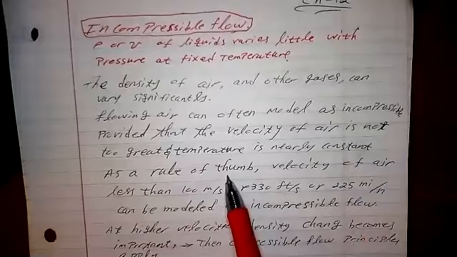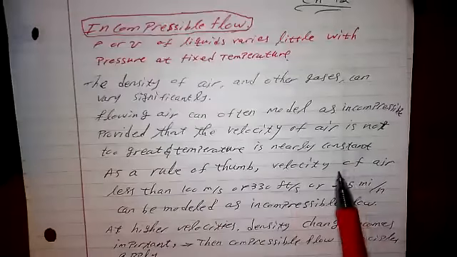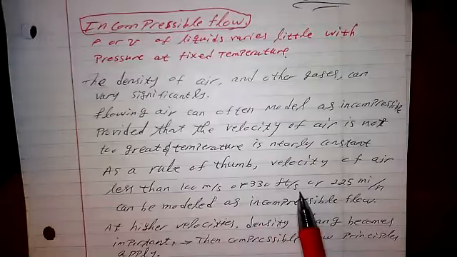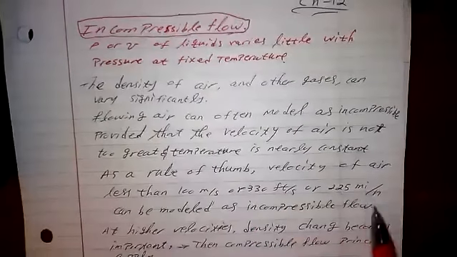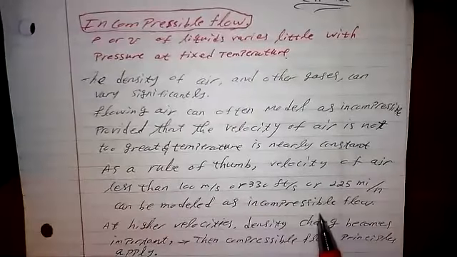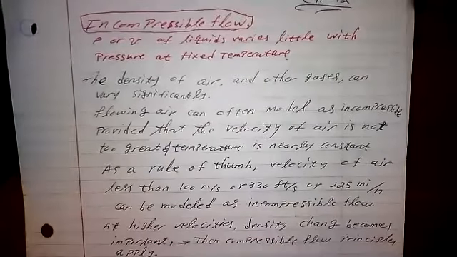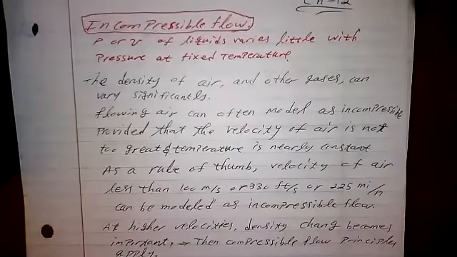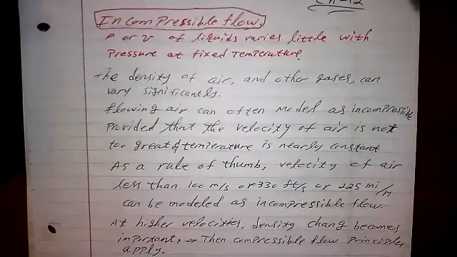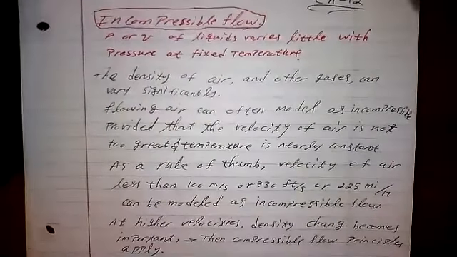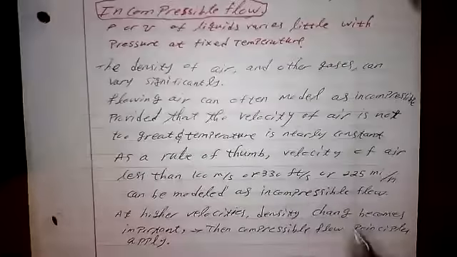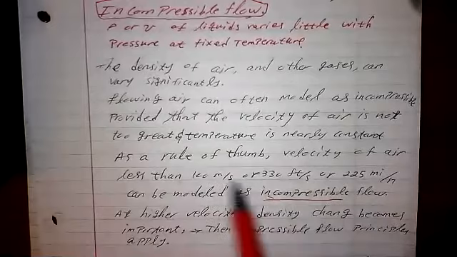As a rule of thumb, air velocity less than 100 meters per second, or 330 feet per second, or 225 miles per hour, can be modeled as incompressible flow. Although air is compressible, if this condition is met, then we can assume that the flow of air is going to be considered as incompressible flow. That's the key.